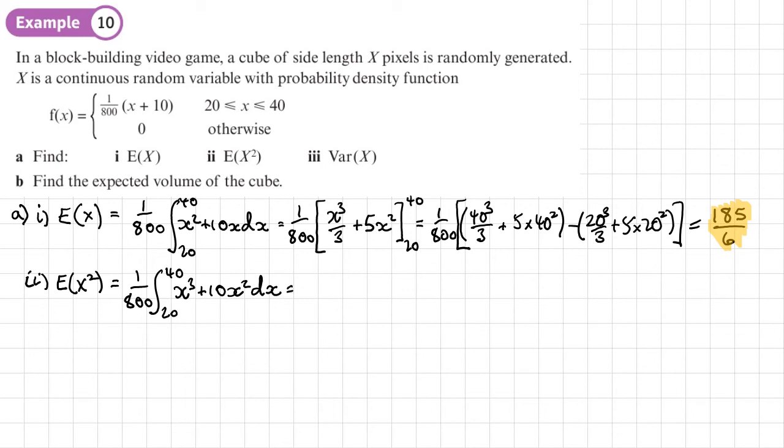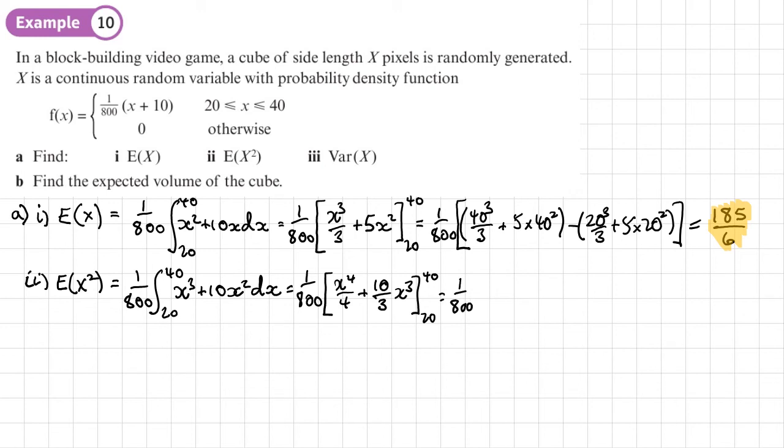Right, so we should be able to integrate that, 1 over 800, and then we'll have x to the power 4 over 4 plus 10x cubed over 3, and my limits are 20 and 40.